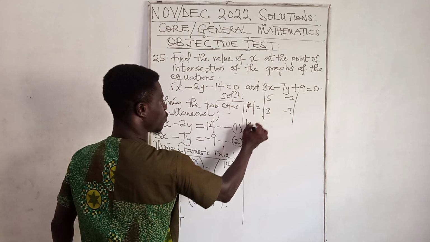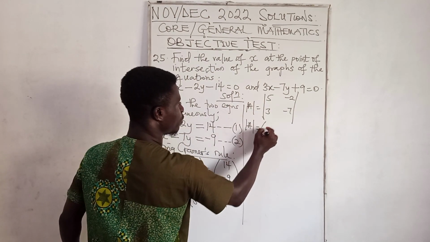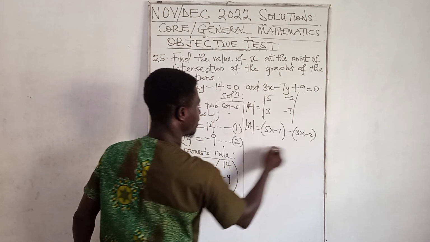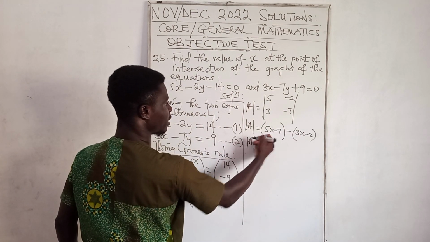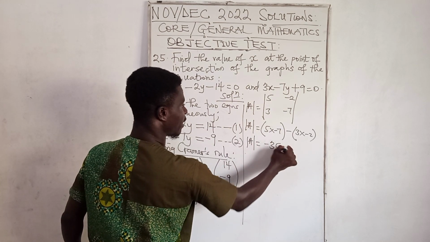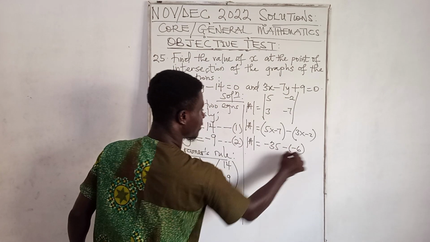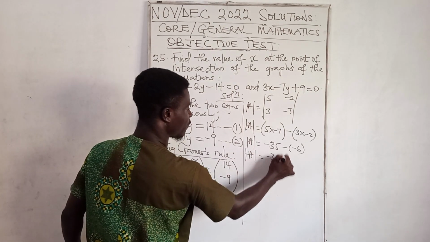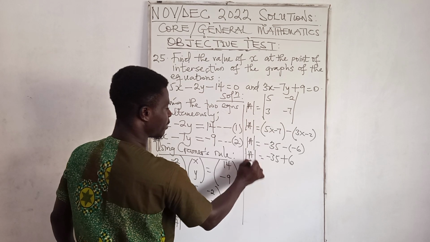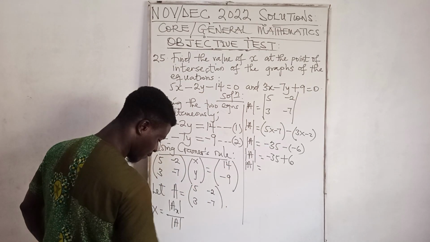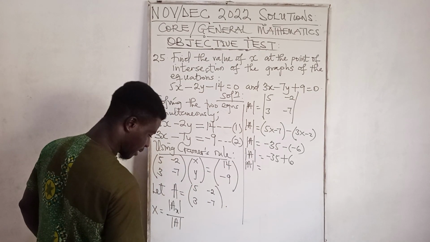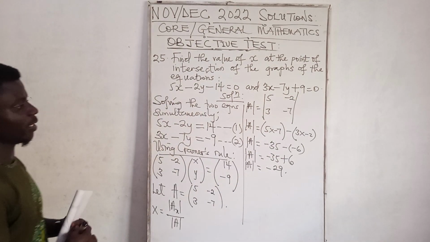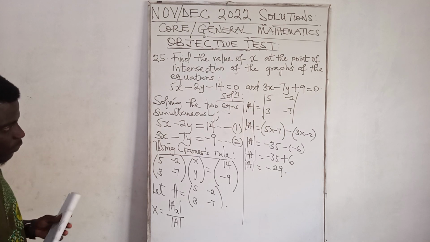So the determinant of A must be equal to 5 times negative 7 minus 3 times negative 2, which is negative 35 minus negative 6, which is negative 35 plus 6, which is negative 29. So this is the determinant of A.